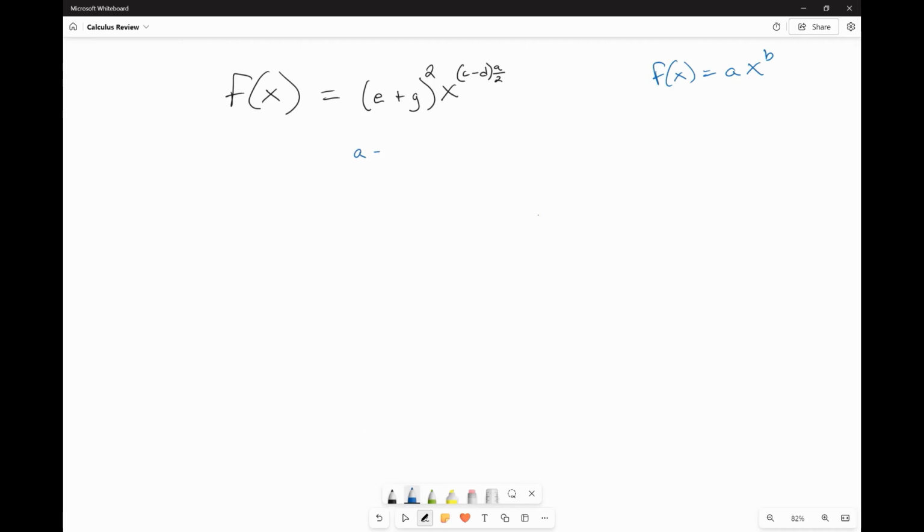Well, A is just this whole thing, this whole kind of ugly looking thing here. And then what's B? Well, B is this kind of big ugly thing here. Oh, A is showing up here again. Let's change that. Let's just say H.